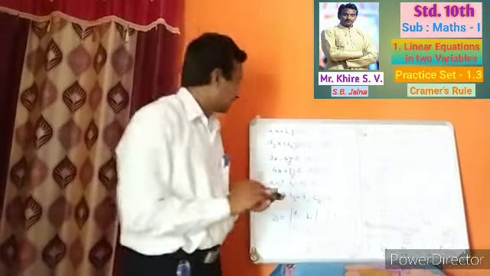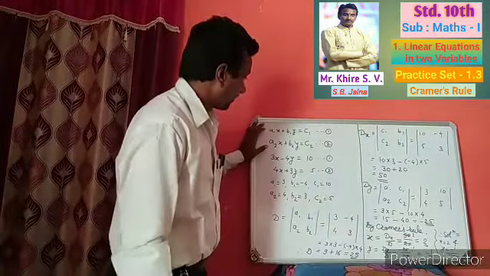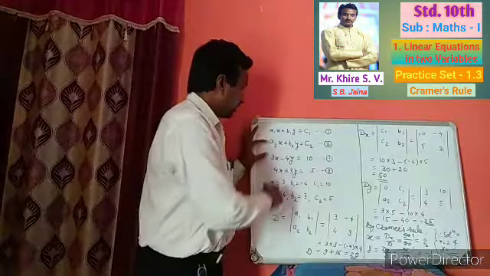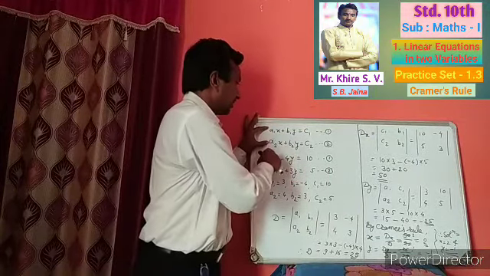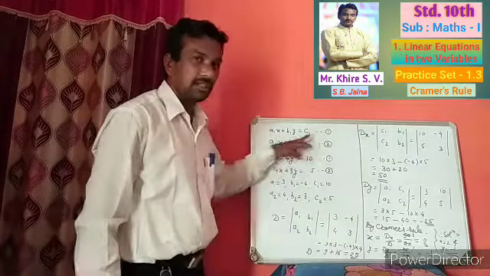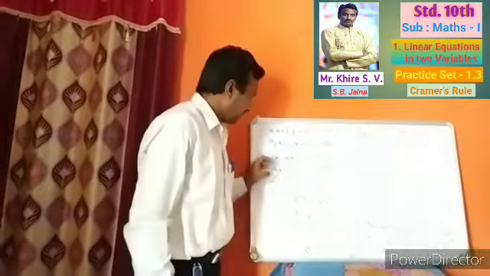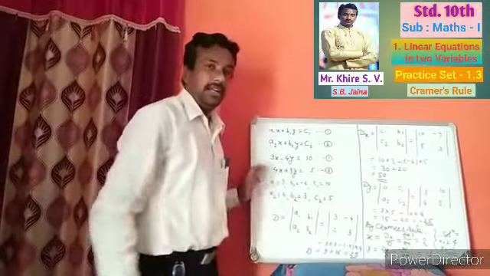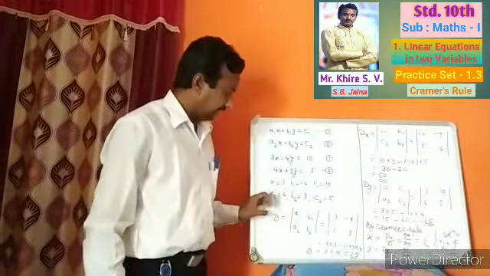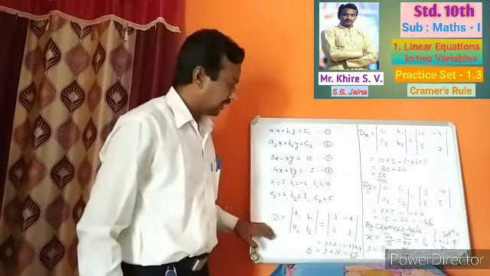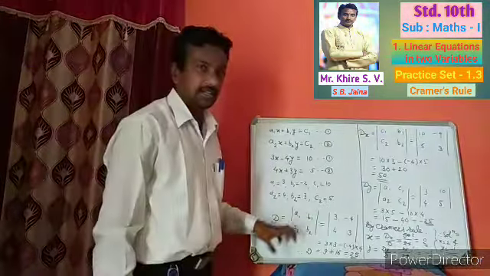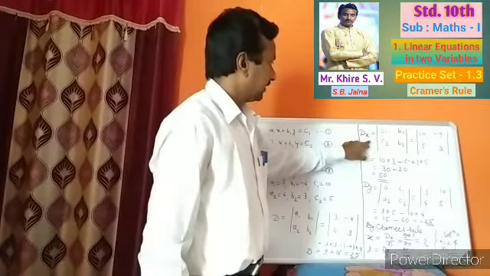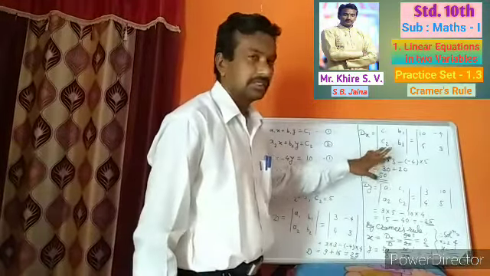Now let us listen again carefully. Two equations are given, two linear equations in two variables. Compare these two equations with a1x plus b1y is equal to c1 and a2x plus b2y is equal to c2. Then find the values of these real numbers a1, b1, c1 and a2, b2, c2. Then find the value of d by omitting c1 and c2. Then find the value of dx by replacing the coefficients of x by c1, c2.